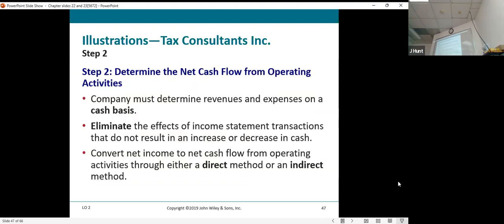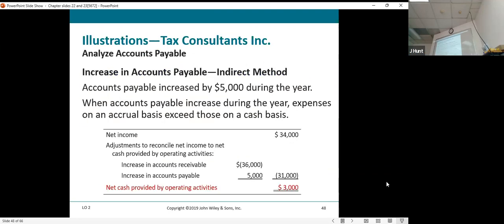So the next thing is to determine the cash flow from operating activities, right? Normally, cash flow from operating focuses on net income and current liabilities and current assets. So here, and this is the indirect method, you have net income because this is now cash flow provided by operating activities.